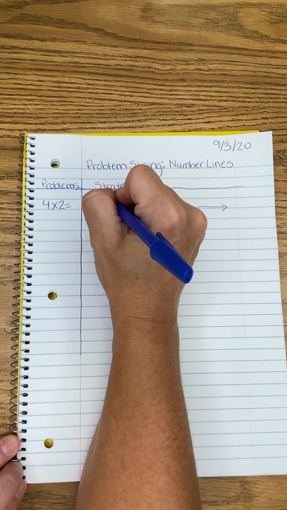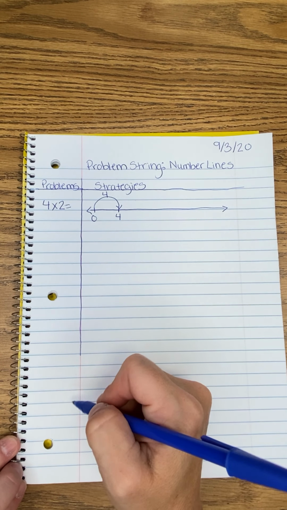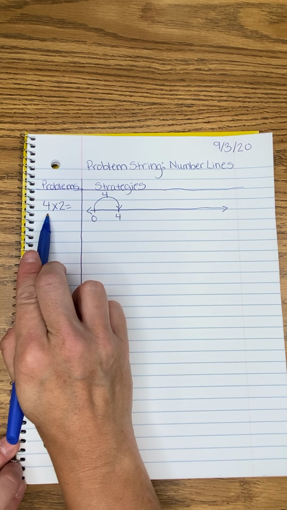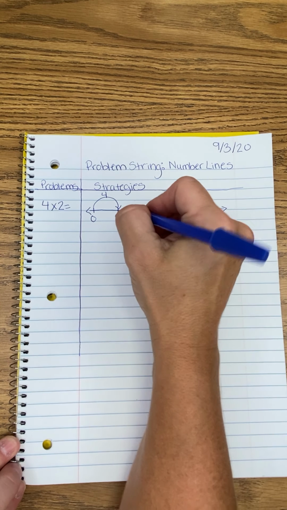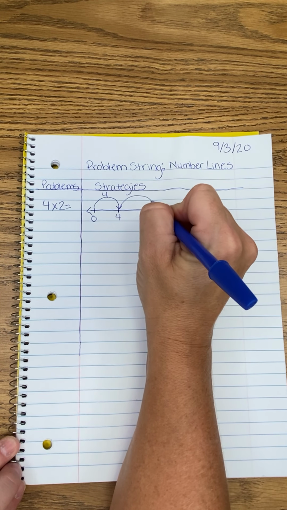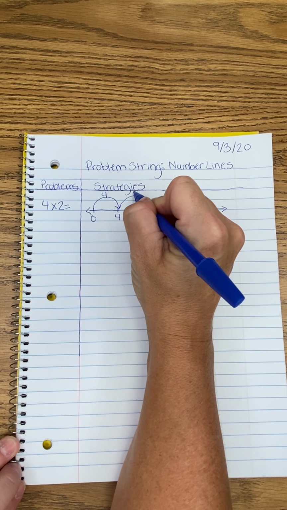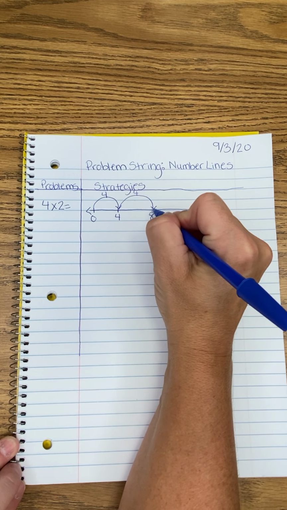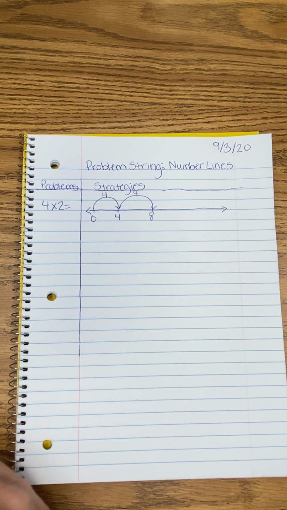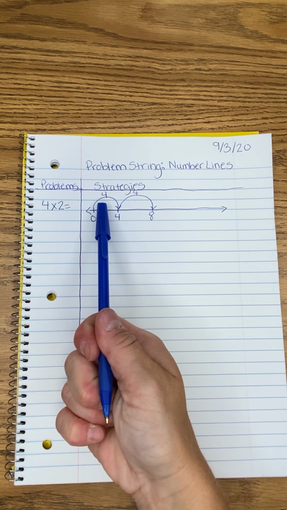So you're adding on 4. So that's one set of 4, but you need 2 sets of 4. So then we're going to jump another set of 4. So there's 4, and there's 4, and then we land on 8. So we doubled it. We have 2 sets of 4.